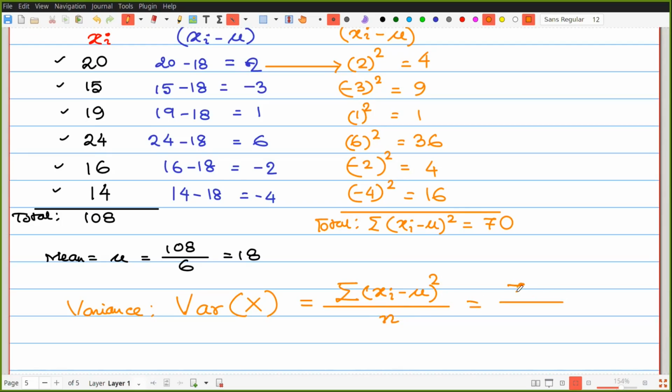So that is equal to 70 by 6, and that is nearly equal to 11.67.